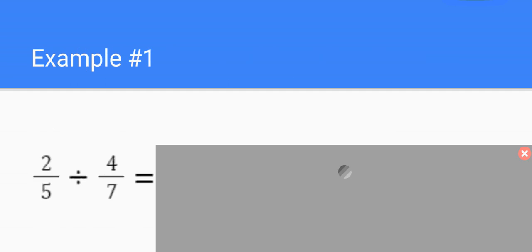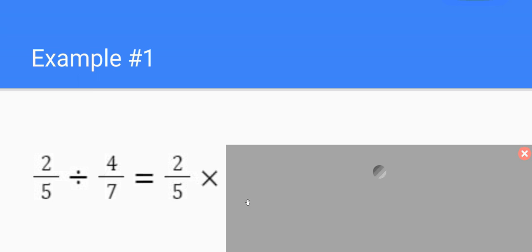So the first example is a pretty straightforward division of two fractions. So 2/5 divided by 4/7. So we're going to keep, that never changes because there's no operation in front of the 2/5. The only reason we can flip that 4/7 is because we're changing division to multiplication and we're flipping that to 7/4.